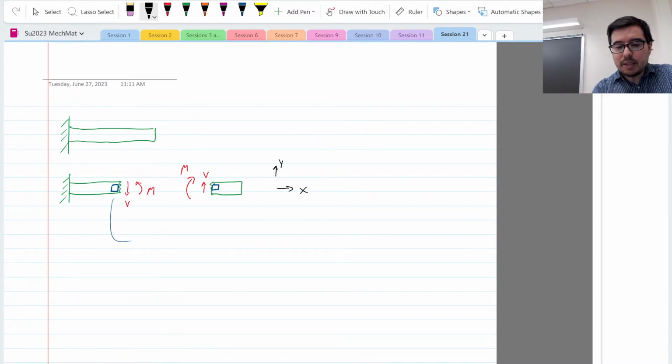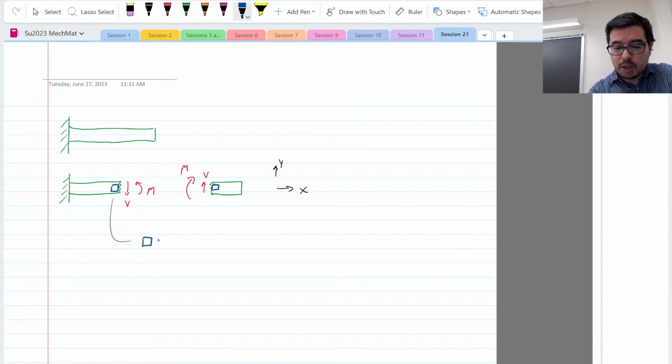So in this case, I'm going to be thinking about how that shear force is affecting this element.